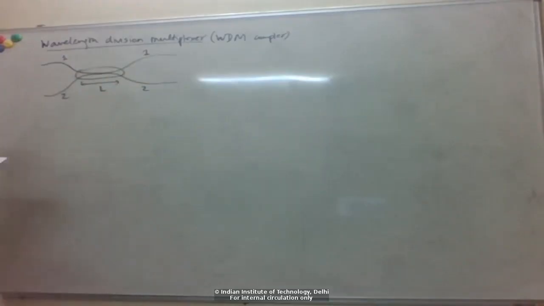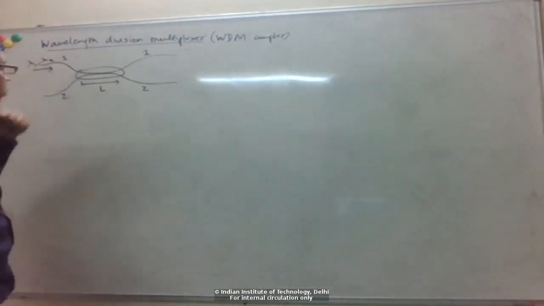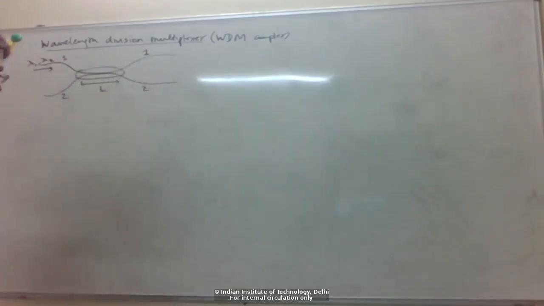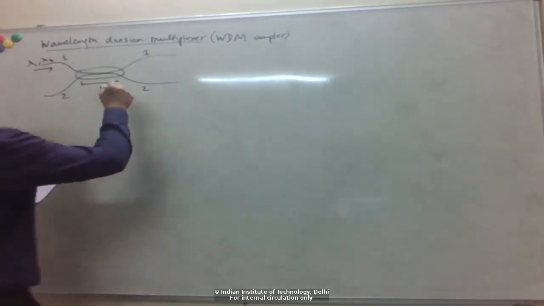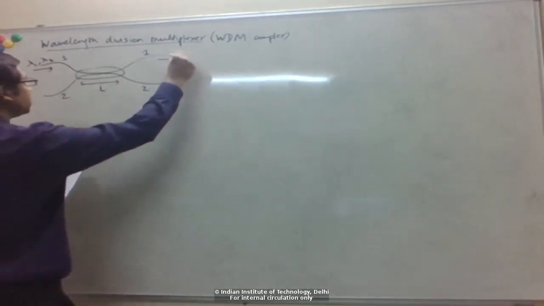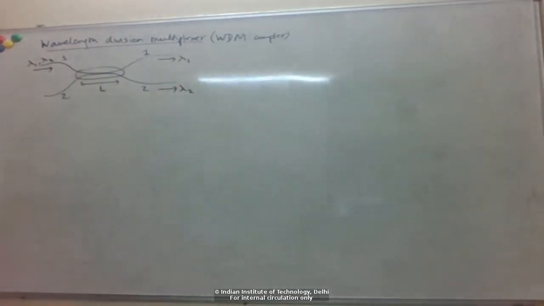So let's say we have two different wavelengths traveling in this fiber, and we want to split them into two different paths, carrying different data that we want to send to different places. So we want lambda 1 to come out of this port and lambda 2 to come out of this port.